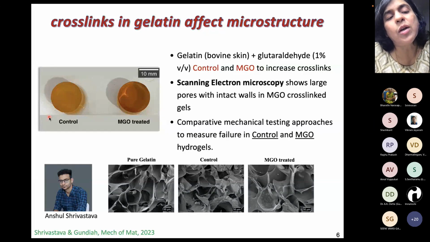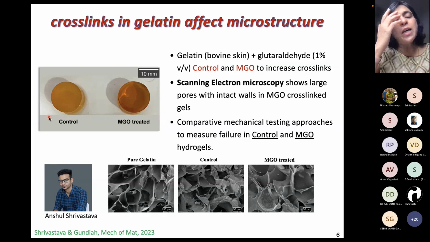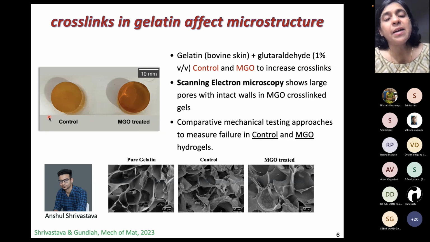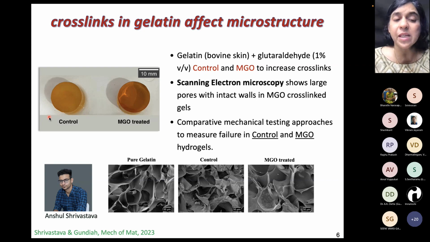We know that one of the big questions in soft matter failures is how do we increase the toughness of these hydrogels? Because materials like our cartilage are extremely soft, like a hydrogel, and also undergo very large deformations, but their toughness is in the order of 1,000 joules per meter square.